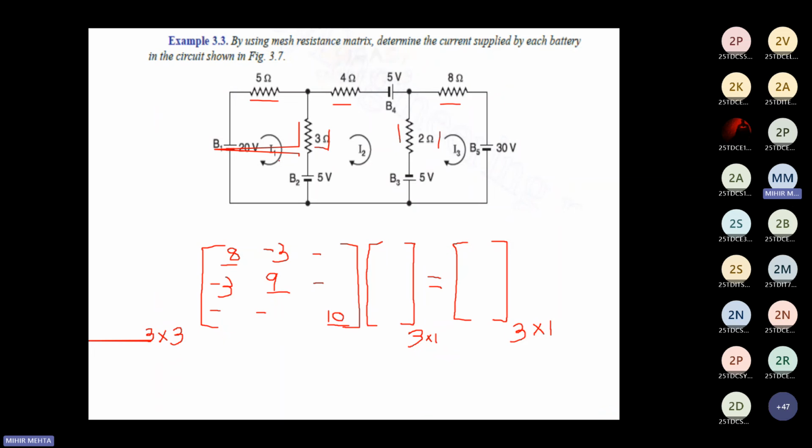There is no contact between mesh 1 and mesh 3. So you'll take this as 0. Now talking about mesh 2 and mesh 3, there is one particular resistance, 2 ohms, which is connected between mesh 2 and mesh 3. So this becomes 2 ohms.